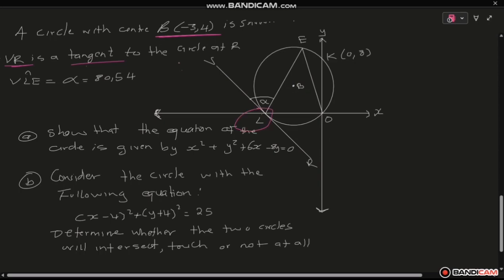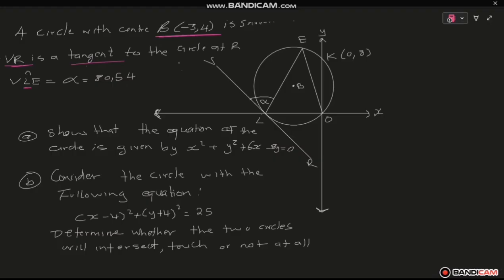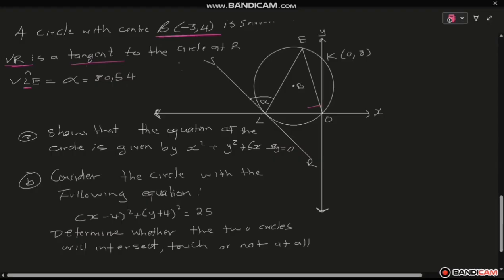Then angle L, the alpha, is equal to 80.54. So the first question, they want us to show that the equation of the circle is given by x squared plus y squared plus 6x minus 8y equals 0.